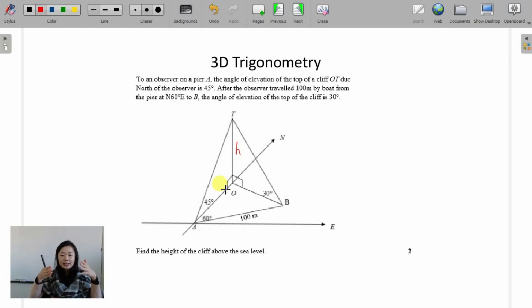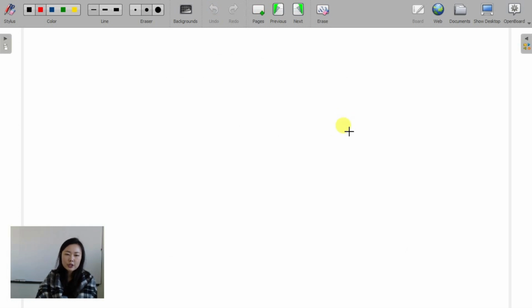It doesn't look like it because this is a 2D representation of a 3D situation. If I was to show you in real life, it would be 2 vertical things and 1 horizontal thing. That's what it should look like. So I'm going to draw them on the next page just so that we have it in front of us as we attempt this.